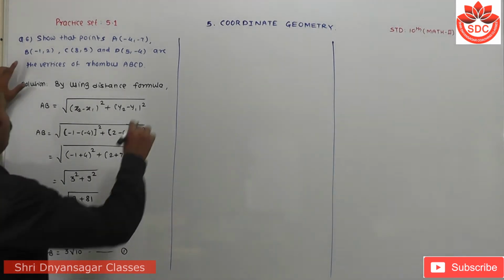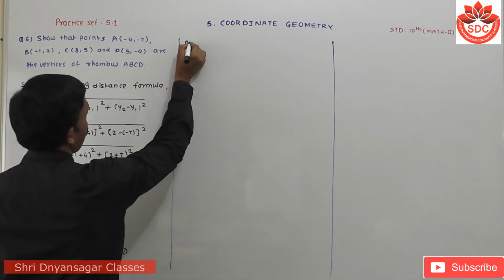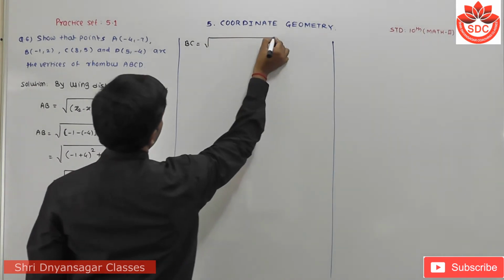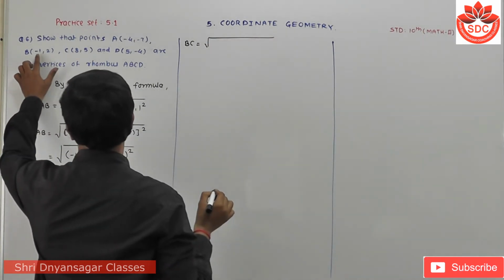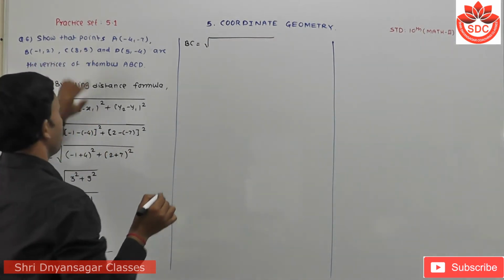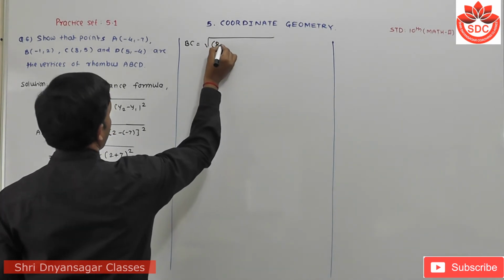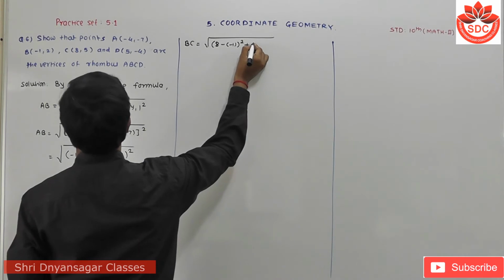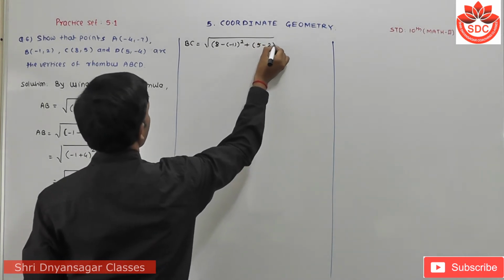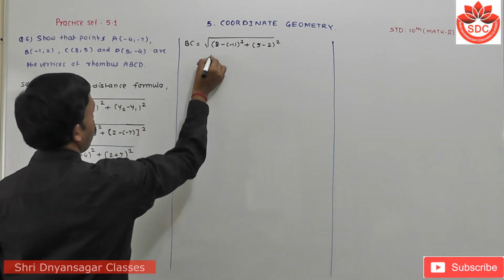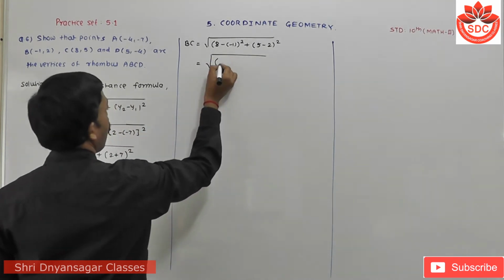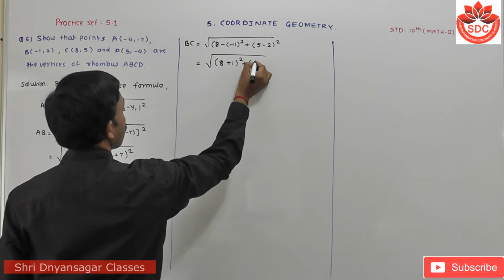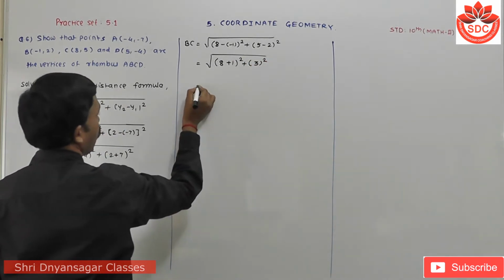Then we have to find the segment BC. Look carefully. Let this be x1, y1 and this be x2, y2. Then (x2 minus x1) whole square plus (5 minus 2) whole square. This value becomes (8 plus 1) whole square plus 3 square.